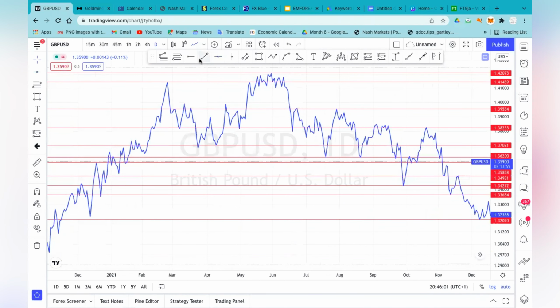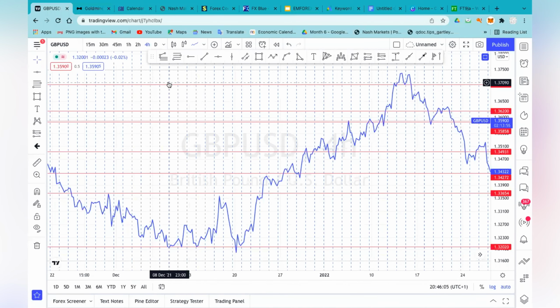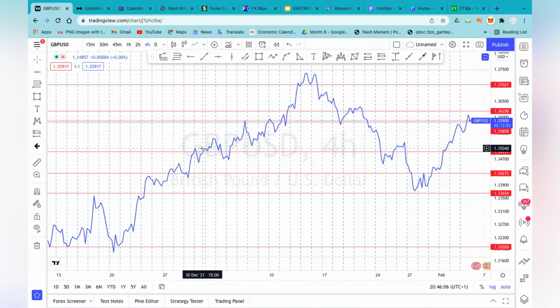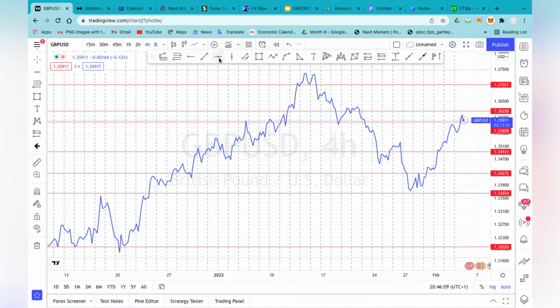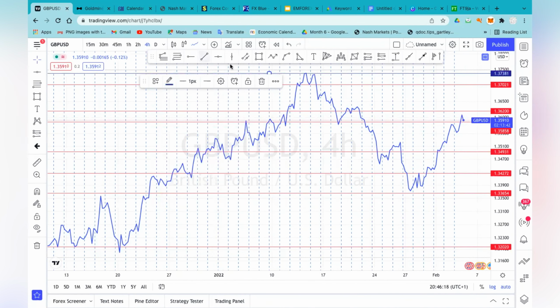All right, so we are going down to the 4-hour time frame. On the 4-hour time frame, we also use the line chart. What we are looking for are turning points also. Let's change this to blue.